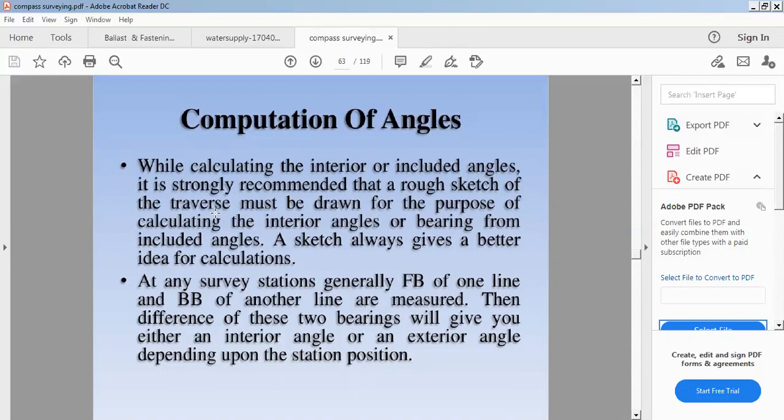There should be a difference of 180 degrees between forebearing and back bearing. If the difference is more than that, then it may be a wrong bearing. Then you have to find out the interior or exterior angle, depending on the station you are standing at and fixing the compass at that particular point.